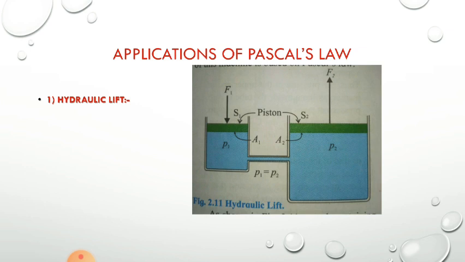If we apply a force F1 on the smaller piston S1 in the downward direction, it will generate pressure P1, which is equal to F1 divided by A1, which will be transmitted undiminished to the bigger piston S2 according to Pascal's law. And therefore the pressure exerted at the second piston is given by F2 divided by A2.